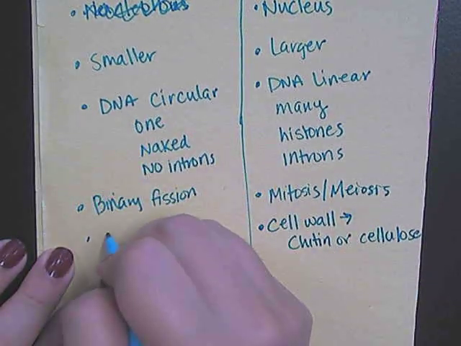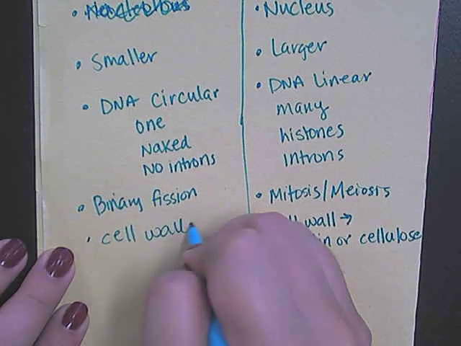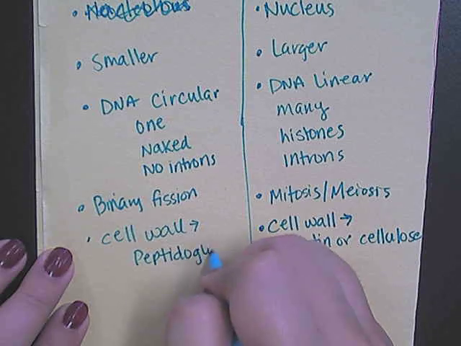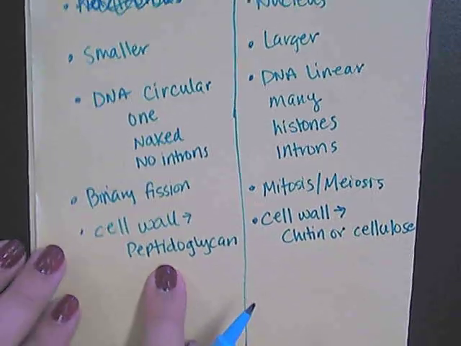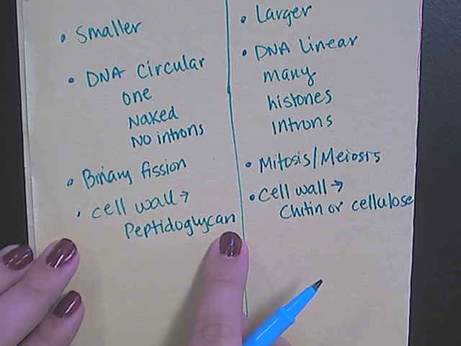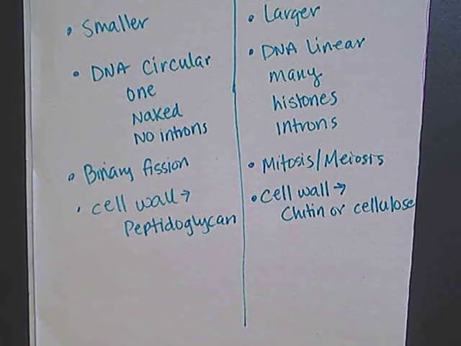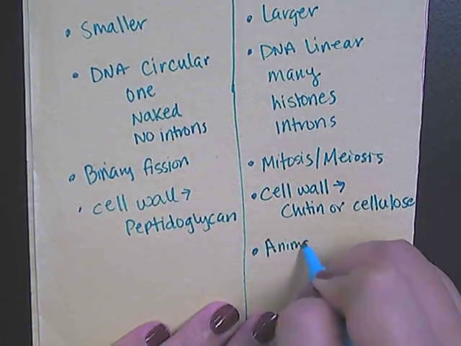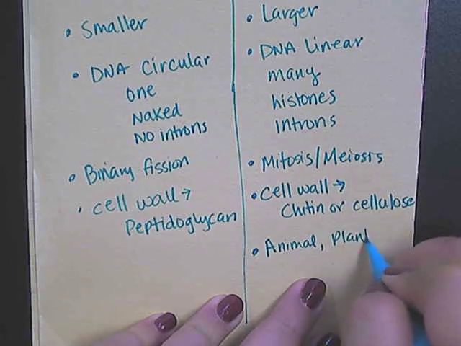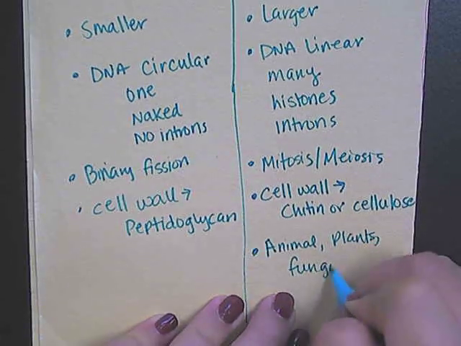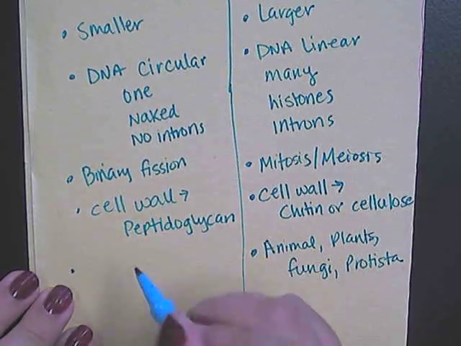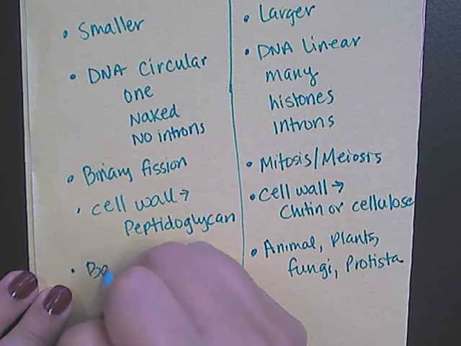In prokaryotes, if there is a cell wall, it's going to be made of a compound called peptidoglycan. Peptid for protein, glycan for carbohydrates, so it's a carbohydrate and protein blend. Your eukaryotes are going to be the animal kingdom, plants, fungi, protista. Your prokaryotes are only going to be bacterial cells.